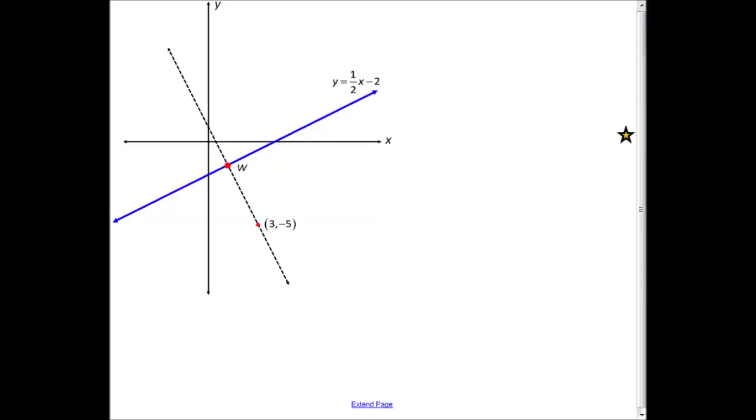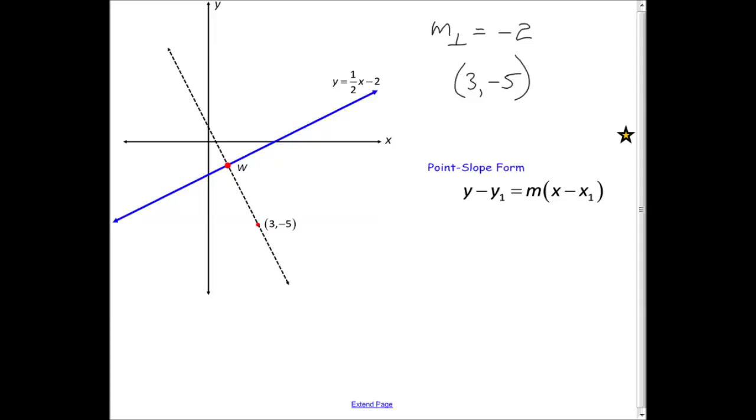So we now have the fact that the slope of our perpendicular line is -2, and it passes through the point (3, -5). Can we use that information to come up with the equation for this line? Well, we certainly can, because we've got a point and a slope, and we have the point-slope form of a linear equation, which was developed in your algebra class.